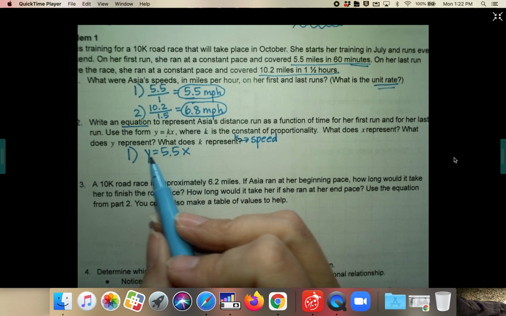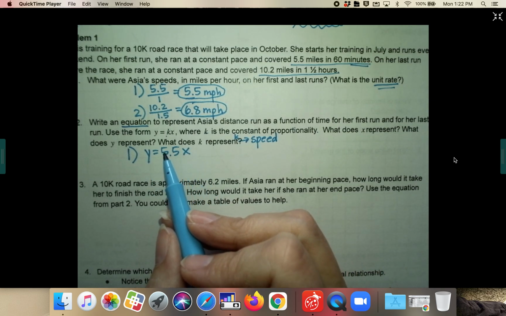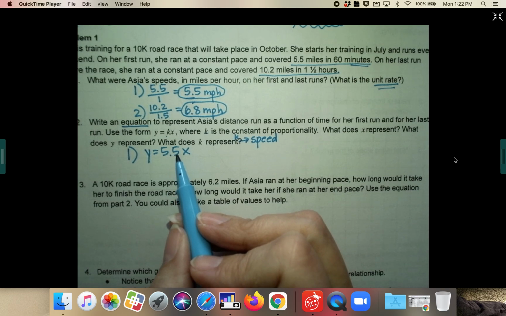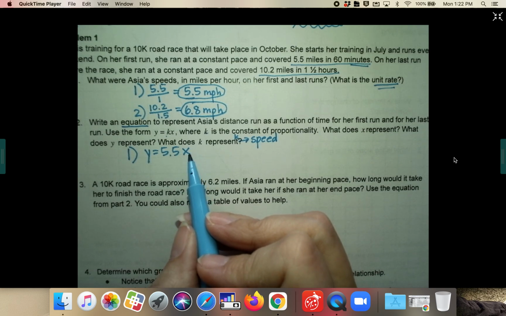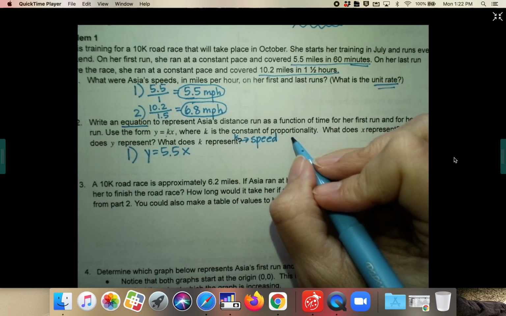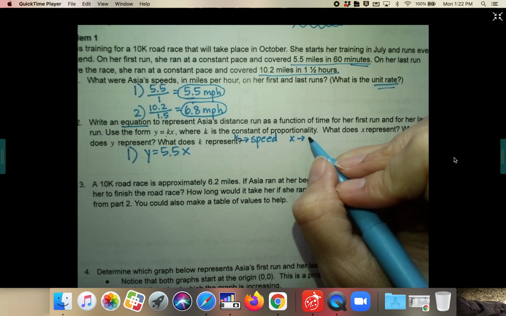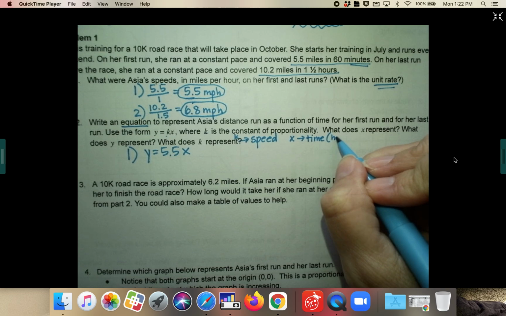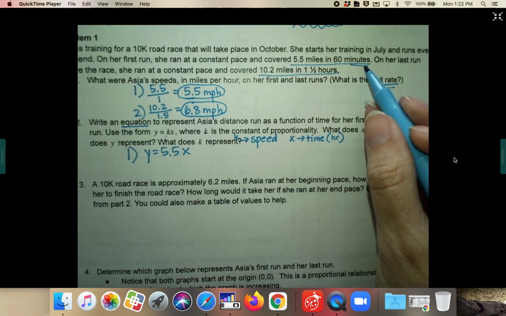X and y, x would represent she runs a speed of 5.5 miles per hour times how long did she run? So x is going to represent the time, and actually it's specifically hours because remember we converted minutes to hours.